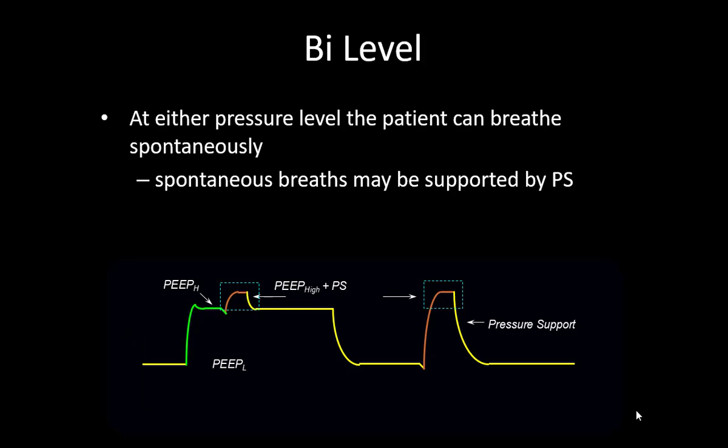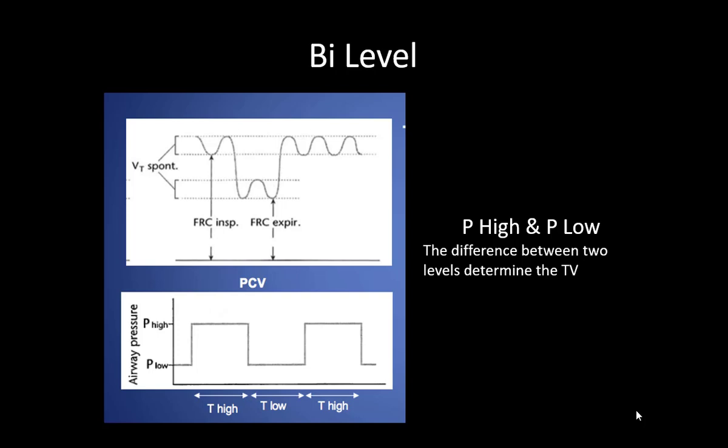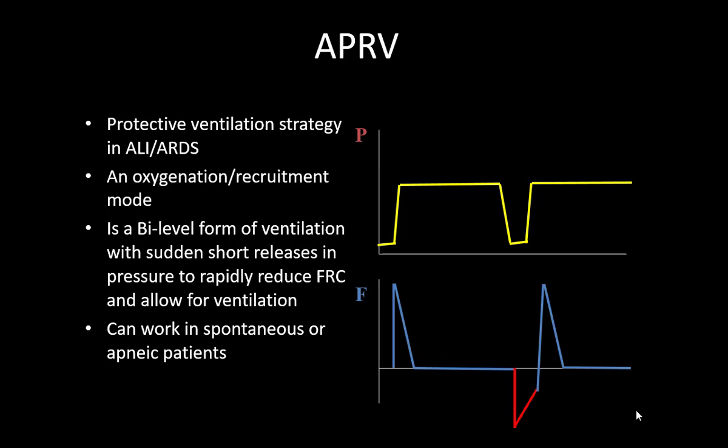So you can allow some pressure support here also. So if you just go through this diagram, in PCV you compare with this. This is the FRC inspiration, this is the FRC expiration. So the difference between these curves, the area between them, determines the tidal volume.